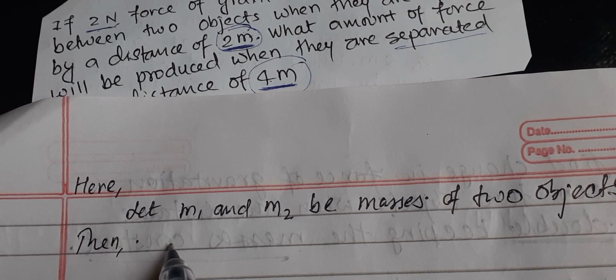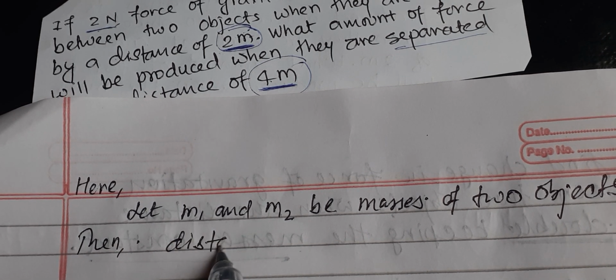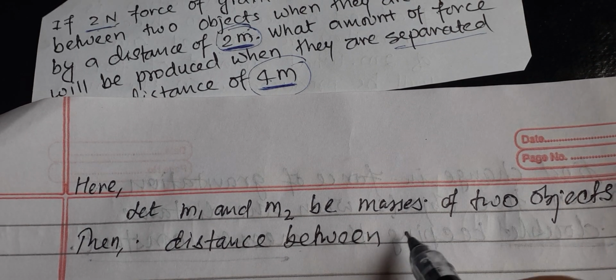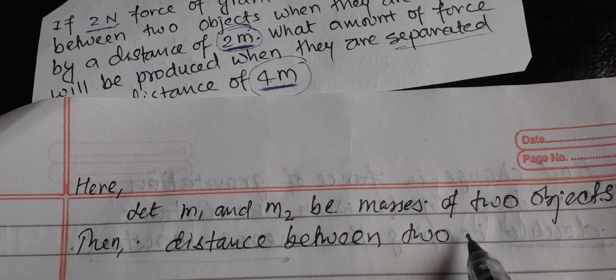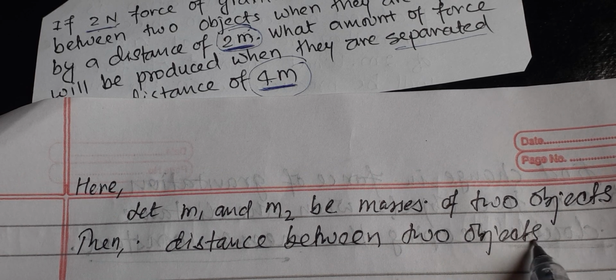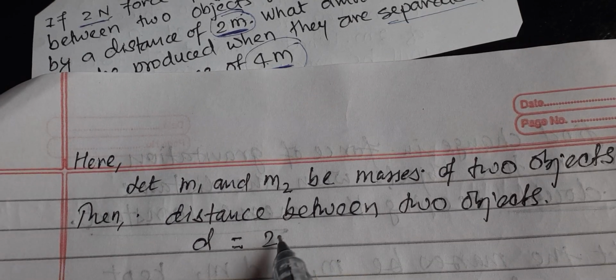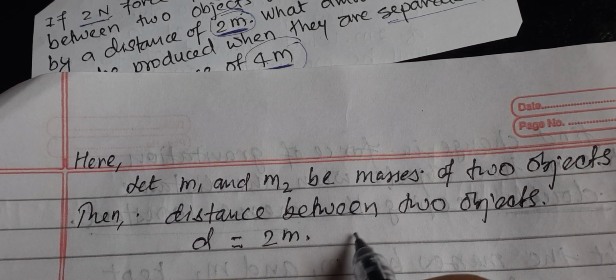Then distance between two objects, d equal to 2 meter is given.